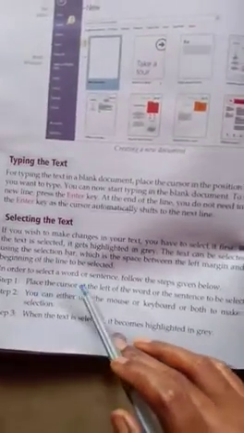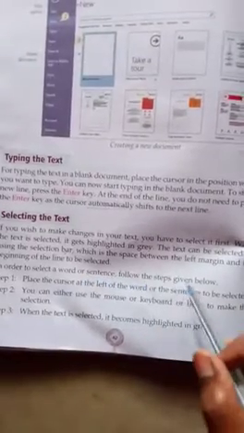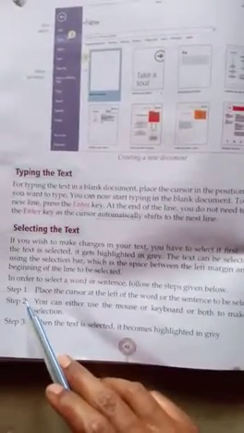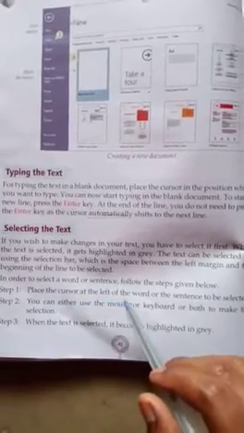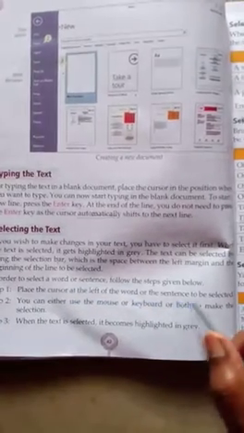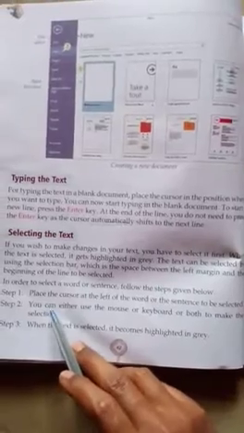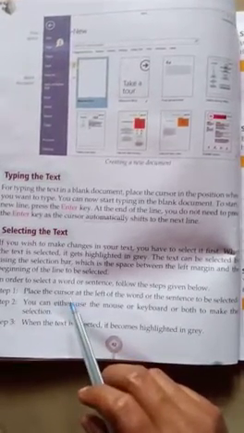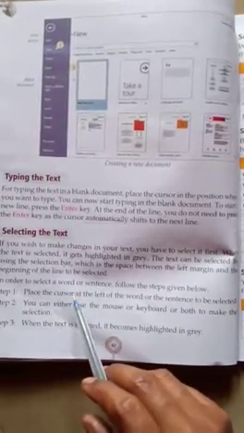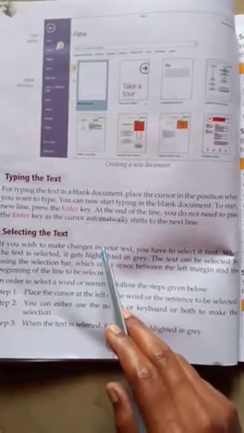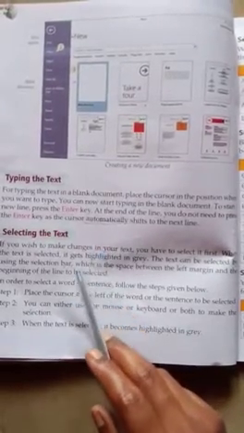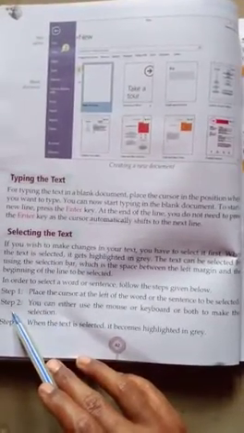In order to select a word or sentence, follow the steps given below. Step 1. Place the cursor at the left of the word or the sentence to be selected. Step 2.